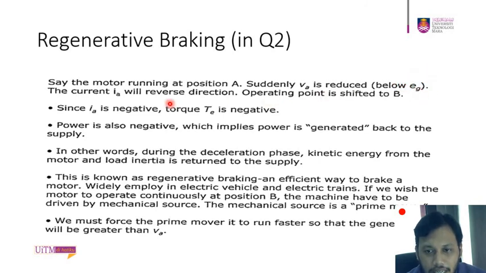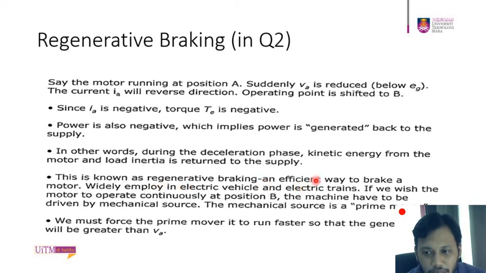So the current IA will be in a reverse direction, and the operating point is shifted to B. Since IA is negative, torque is negative and power is also negative, which implies power is generated back to the supply. In other words, during the deceleration phase, kinetic energy from the motor and load inertia is returned to the supply. This is known as regenerative braking.